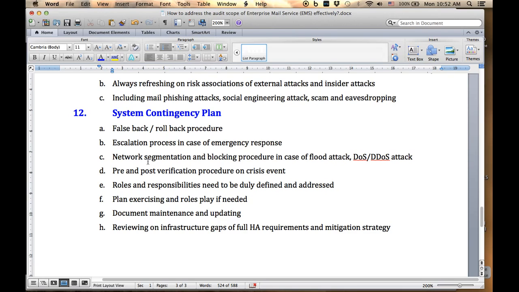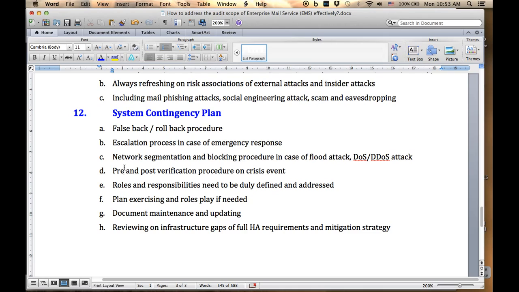The next is network segmentation and blocking procedure in case of a flood attack, DDoS attack, or other attack. The next is a pre and post verification procedure on the crisis event, before we address the system disruption or after the system recovers. We need to identify what the process involvement is.